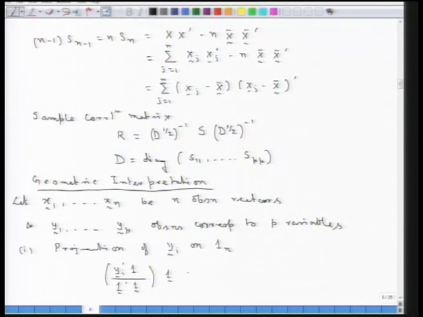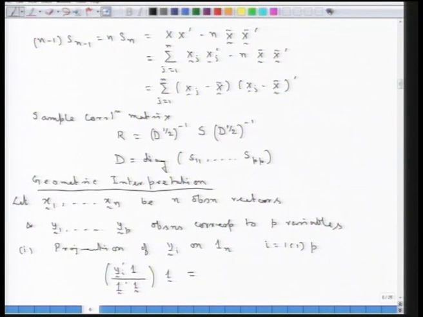And what is this equal to? This is the projection vector, which is the projection of yi on In. There are p such vectors, i equal to 1 up to p, corresponding to each of these p vectors, which now are holding all the observations corresponding to these variables. So this is what is going to give us the sum of all the entries corresponding to the ith variable, and 1 prime 1, this is In.